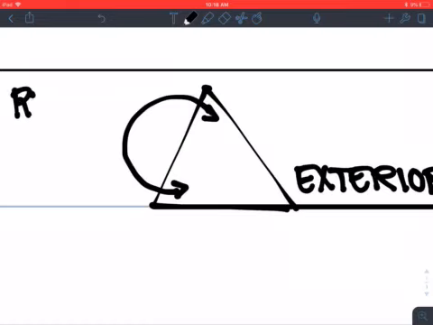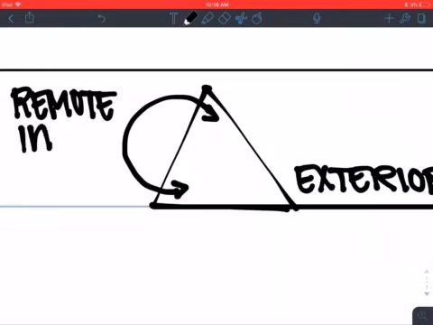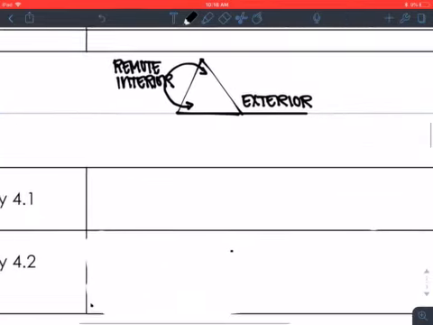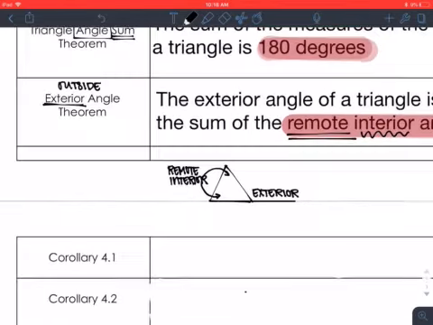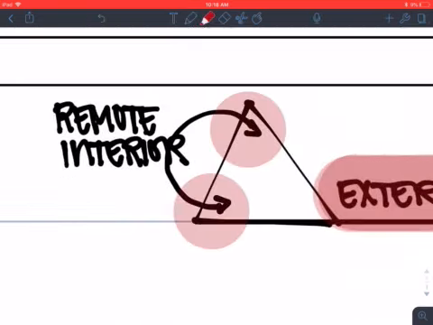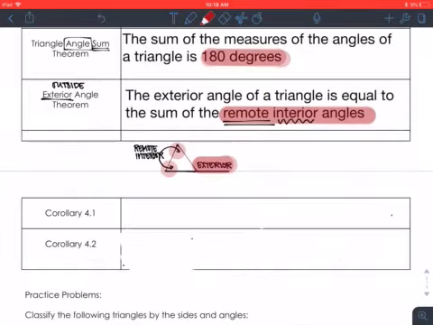So these are our remote interior angles. Okay? So once again, the exterior angle theorem says that this exterior angle is going to be equal to the sum of these two remote interior angles.